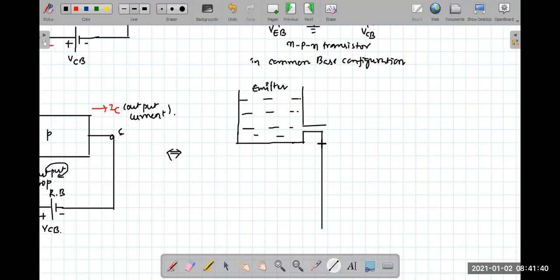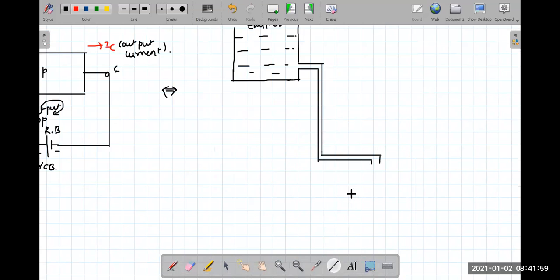If I connect a pipe from this tank to a tap, and I'm interested in filling a bucket, then I can consider this bucket as a collector. This is my collector. Whatever is flowing, that is nothing but the current.